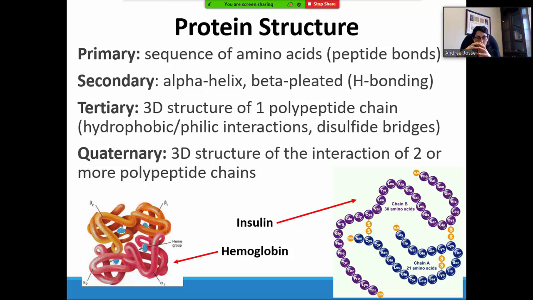Hemoglobin is a round protein for a particular reason. It allows for the transport of the heme molecule and oxygen within its structure, so it's meant to be round. There are several factors that can affect the formation of these particular protein structures, which we'll get to talking about for the remainder of the class.